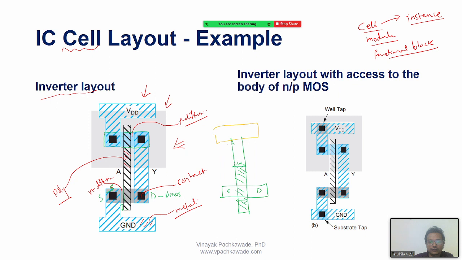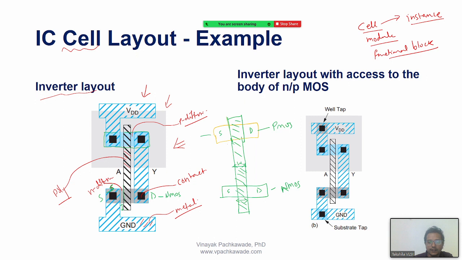So let's say this is the diffusion region, and I am extending this poly so that the source and drain will automatically be formed. So this is a poly, and this is the source and the drain of the PMOS. Obviously poly is drawn, P diffusion is drawn, this is NMOS, this is PMOS.